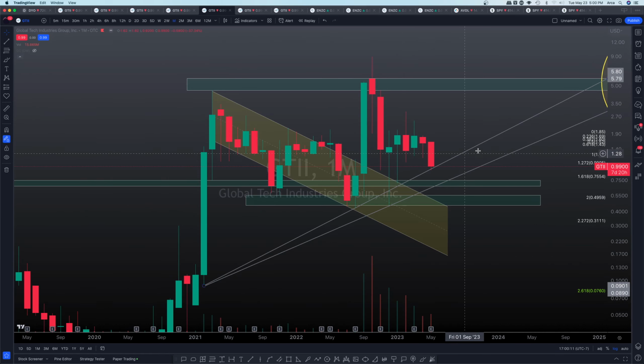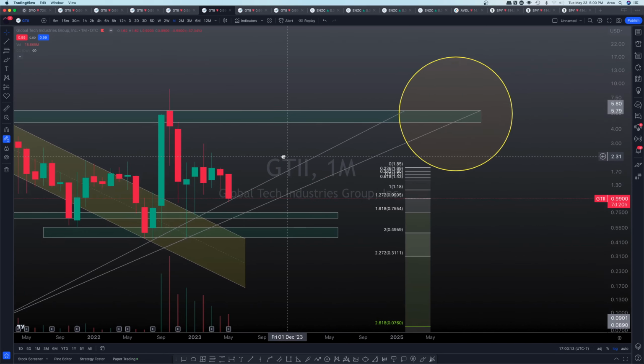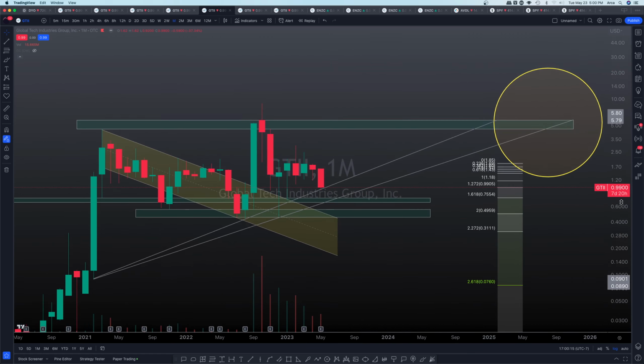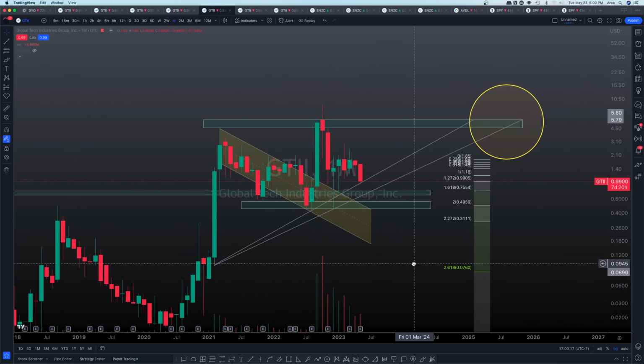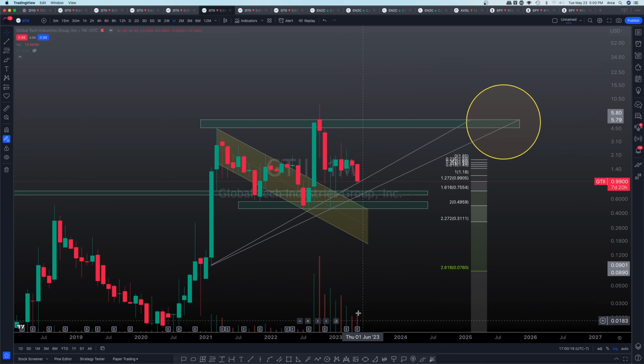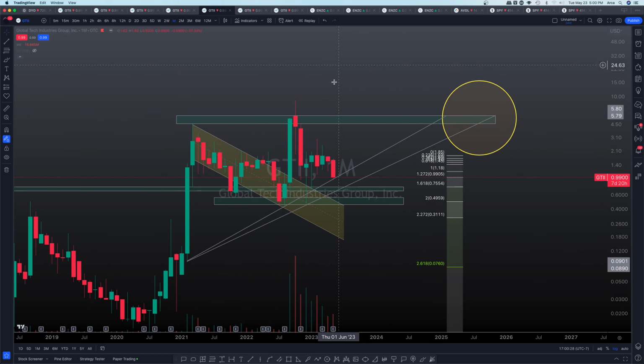Okay, and another thing here, guys, is that we're still within that rising wedge. I'm sorry, the ascending triangle here, still getting that volume profile down lower and lower, right, which could indicate that there is a loss of strength. But remember, this is the monthly chart, right? So it's in relevance to the monthly time frame. Within the smaller time frames, there will be a large ebb and flow within that, right?